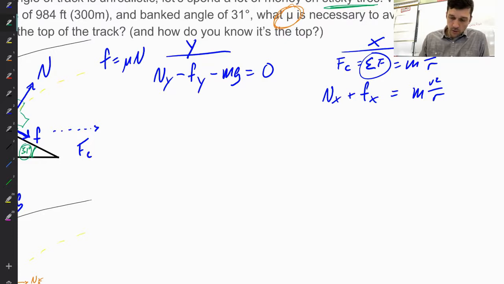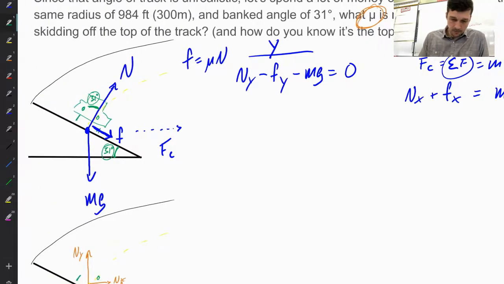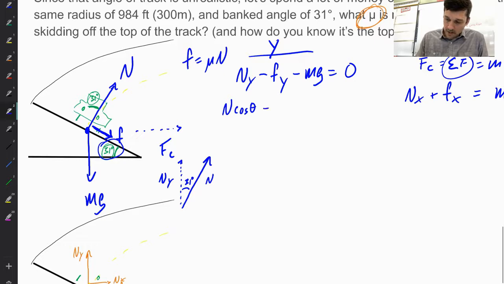All right, the normal force in the y direction. Well, the normal force looks like this. And as we talked about earlier, if the angle is 31 degrees there, then the angle 31 degrees will also apply here. So the normal force in the y direction is the adjacent side, so that's going to be cosine. So we've got normal times the cosine of theta minus the y component of friction.